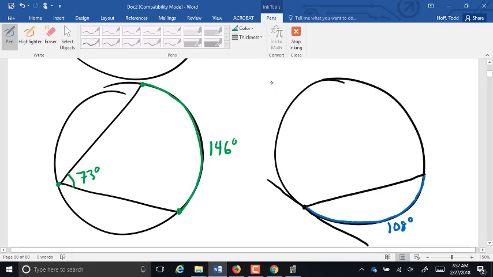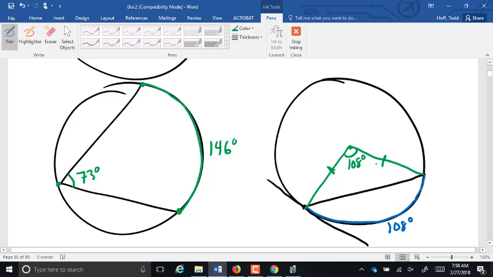Well, let's see what we can figure out from that. There's the center of my circle. What do I know about that angle? The central angle has to equal the arc that it intercepts. It's 108 degrees.